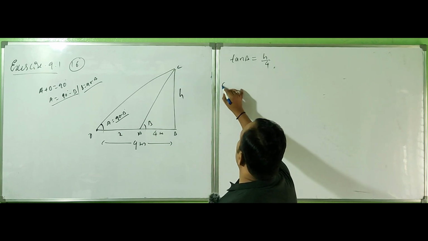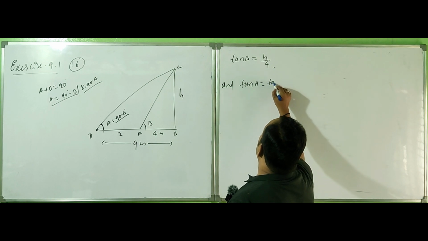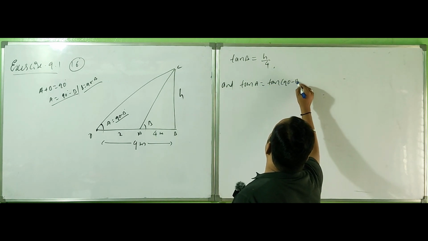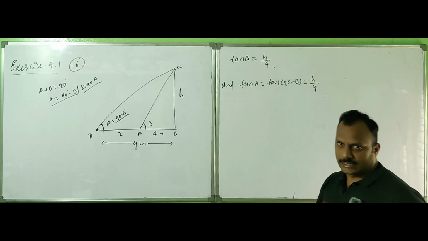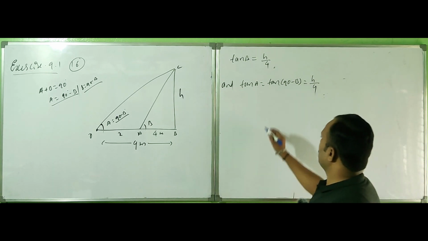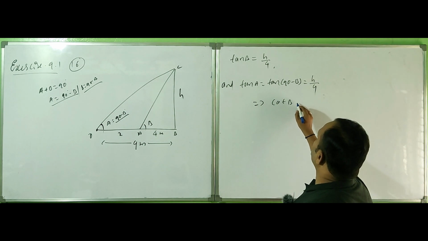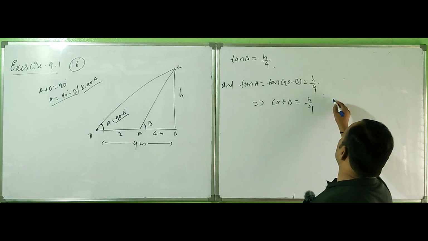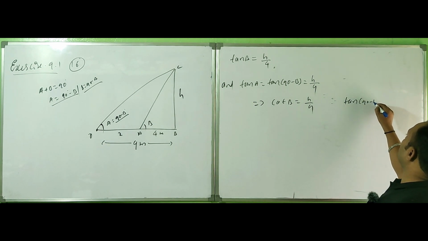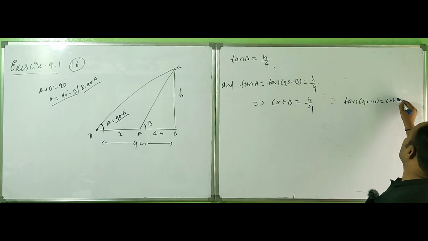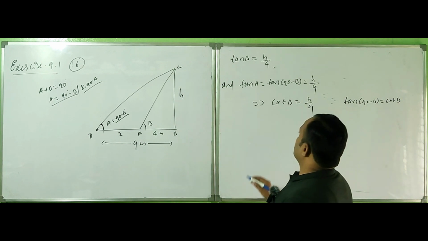Okay. Second one, tan A is equal to tan 90 minus B is equal to H by 9. This implies cot B is equal to H by 9, because tan 90 minus B is equal to cot B, and it is complementary angles.